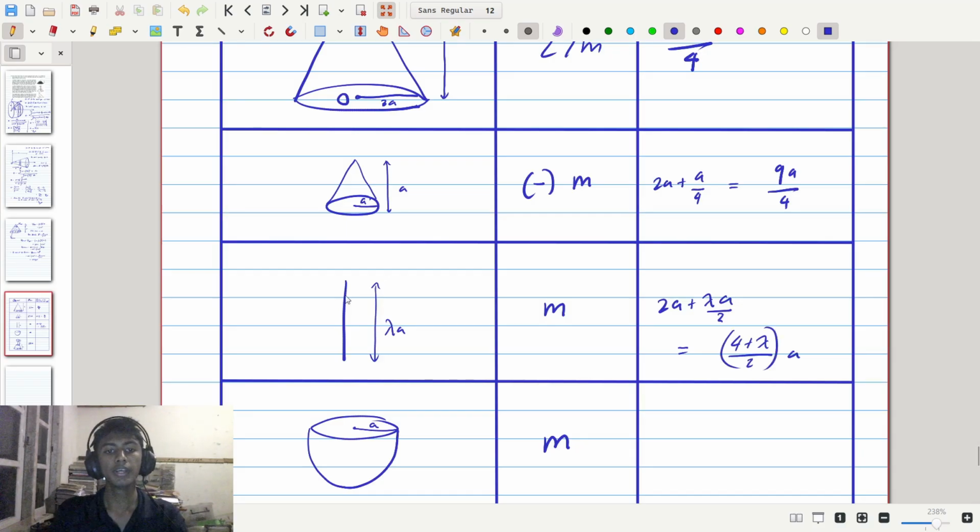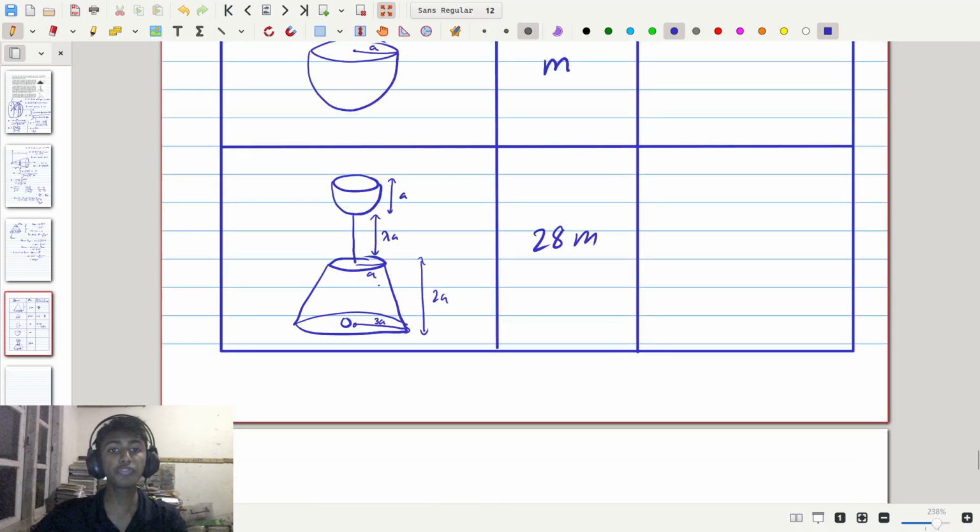Now moving on, the next thing is the hemisphere. The hemisphere is at a total distance of 2a plus lambda a above O, but then the center of mass of the hemisphere is a over 2 from the top like this. Since the total height here is a, since that's the radius, it is a over 2 from the point where the stick connects to the hemisphere. So we have a over 2, we have lambda a, and another 2a.